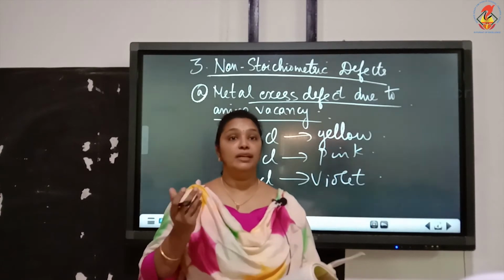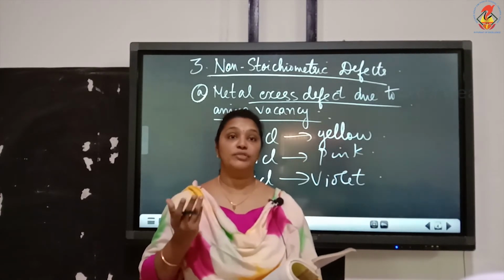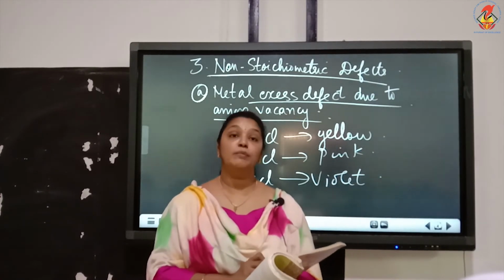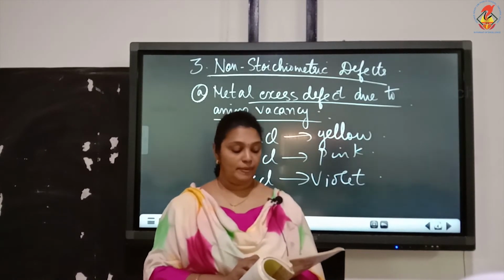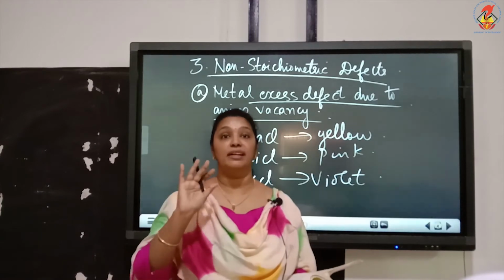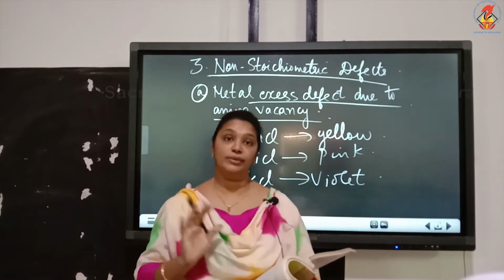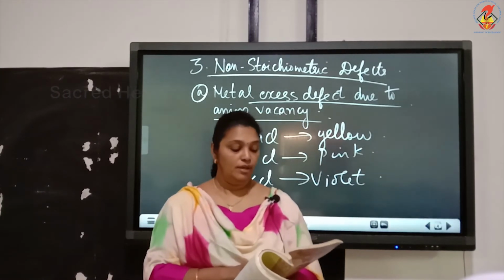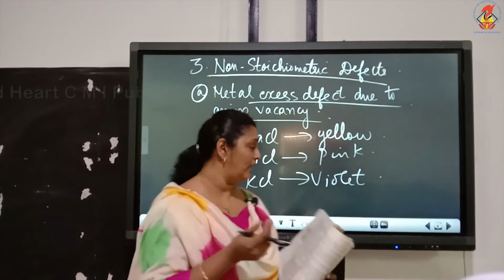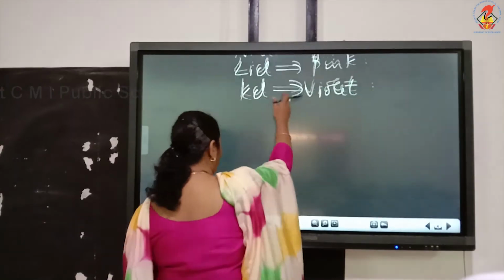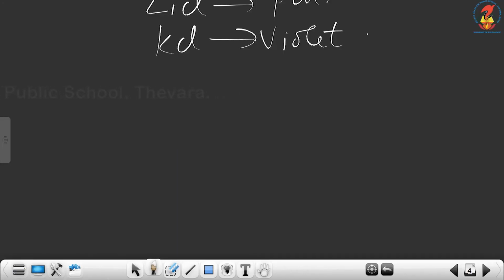Now when you heat crystals of sodium chloride in an atmosphere of sodium vapor, what happens? The sodium atoms are deposited on the crystal. What we have in the crystal lattice is sodium chloride, and we are heating it in sodium vapor. Sodium chloride means we have minus, plus, minus, plus.